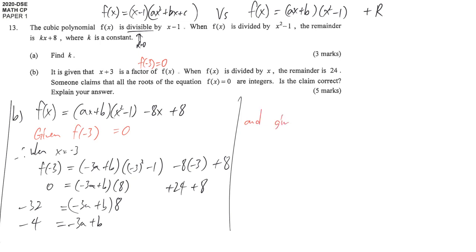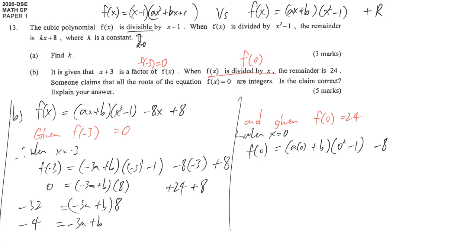And also given f(0), because when the divisor equals 0, then x equals 0. The remainder is 24, so they say that f(0) is 24. So we consider when x is equal to 0, f(0) is equal to a times 0 plus b, times 0 squared minus 1, minus a times 0 plus 8.